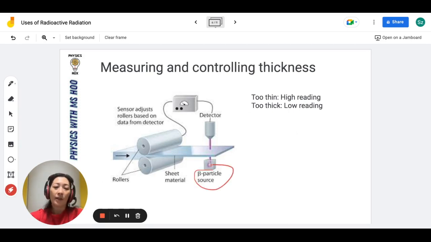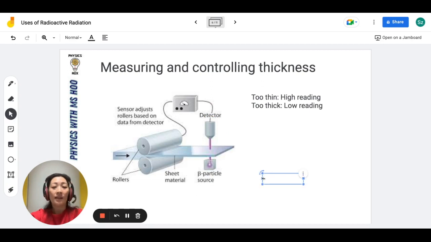Now, the type of radiation is very important as well. We can't use alpha because alpha can't even penetrate a thin piece of paper. No matter how much alpha you use, it won't be able to penetrate. If you use gamma, gamma is extremely penetrative, so no matter whether it's thick or thin, you're going to get the same reading on the other side anyway.